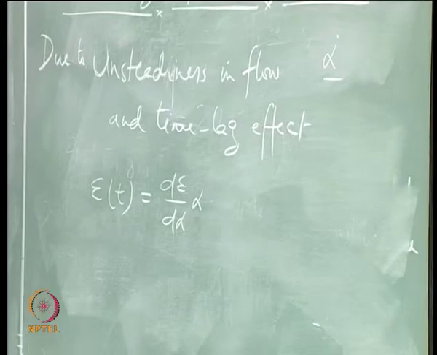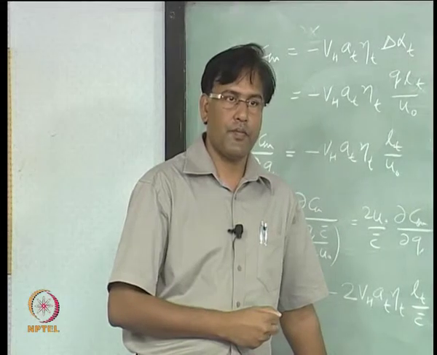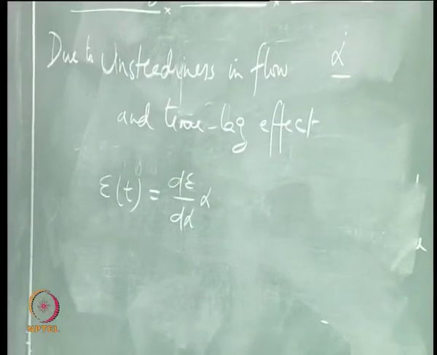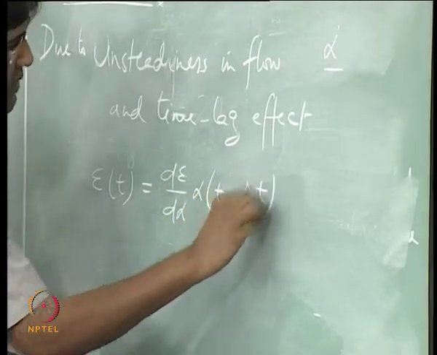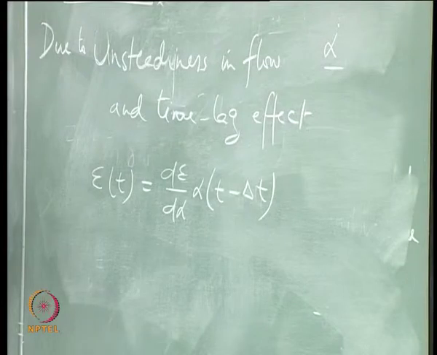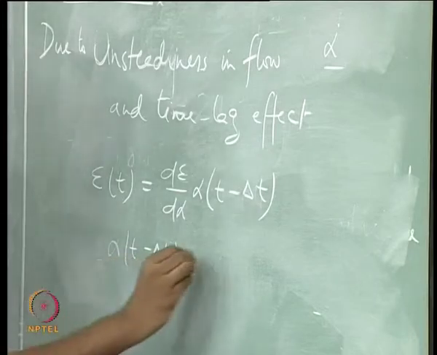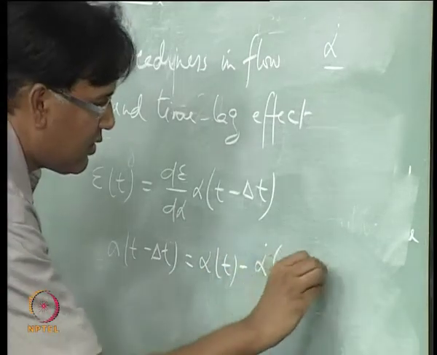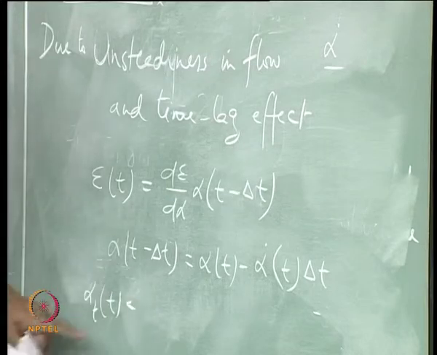So, tail is not going to see the flow at the same angle as the wing is going to see, and is going to see a delayed change in angle of attack, right. So, alpha at the tail is going to be a function of time now.